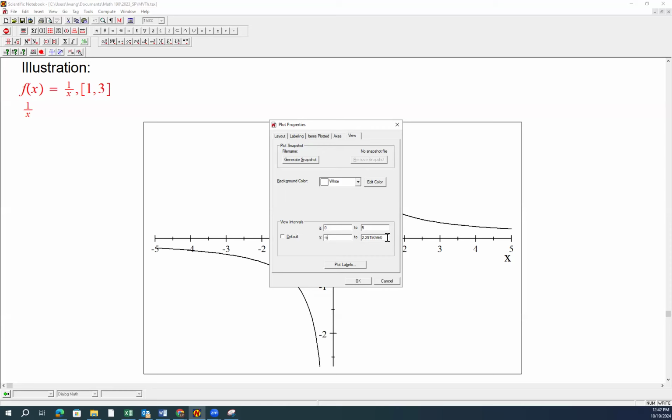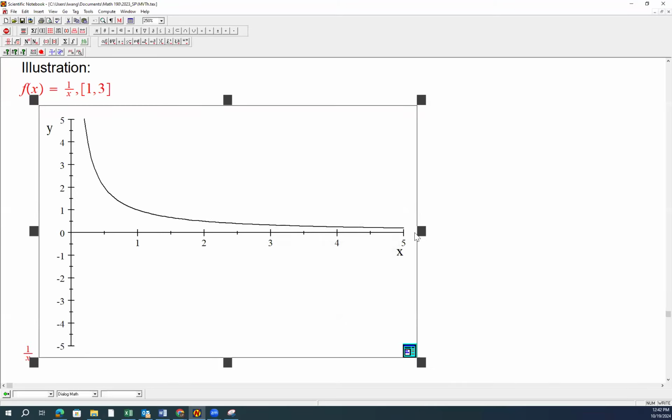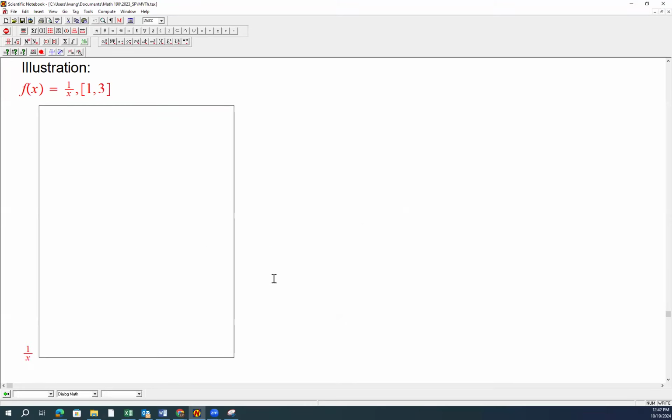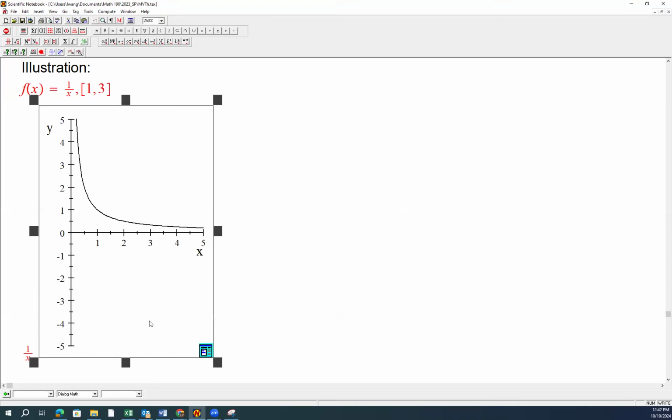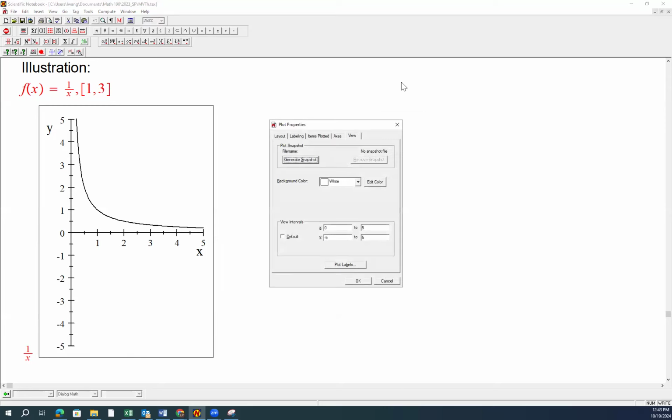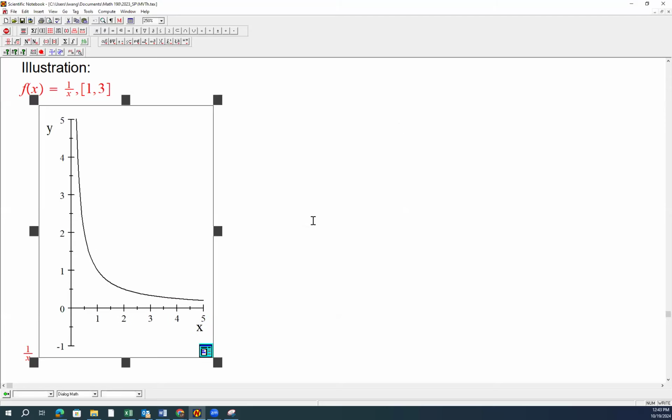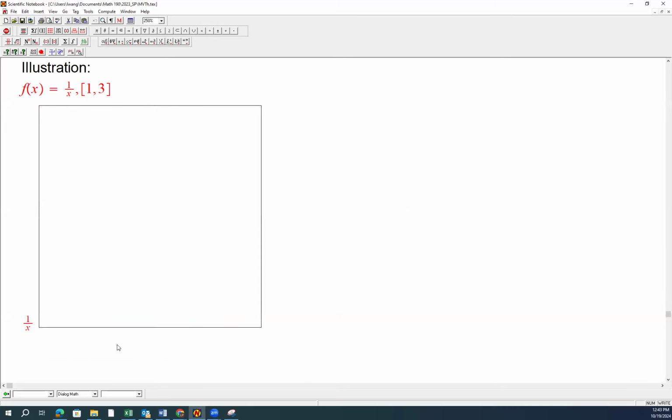So this is -5, 5. Let's see if it will work. It will work. Okay, so this is the function we are considering, and we hardly need much of the bottom, so it's just probably drop it like this. There.